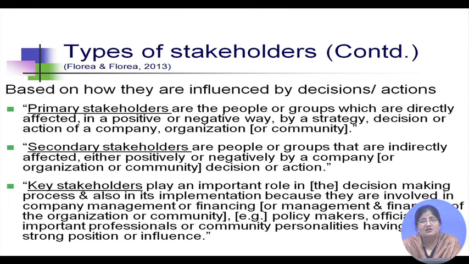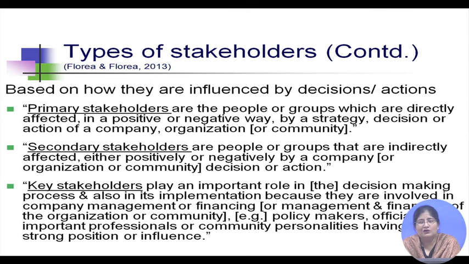Secondary stakeholders are people or groups that are indirectly affected either positively or negatively by a company or organization or community decision or action. So through somebody, say the families of the workers, of the employees in a company are secondary stakeholders. For primary stakeholders, say some company decides to change the way it works, it decides to change the method of remuneration.